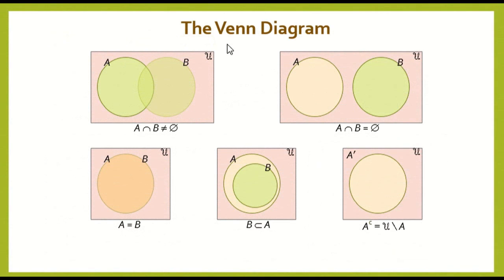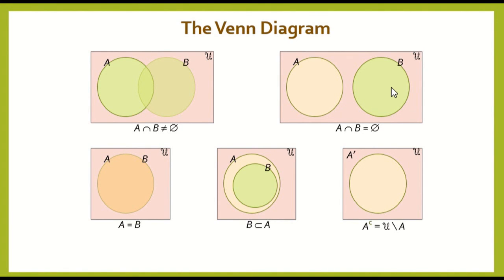Another illustrations using Venn diagram are these. So, this one we have here the universal set. Then we have sets A and B inside. So, A intersection B is not equal to empty. So, our A and B overlap if they have an intersection.